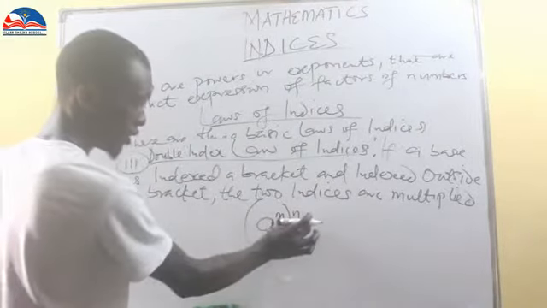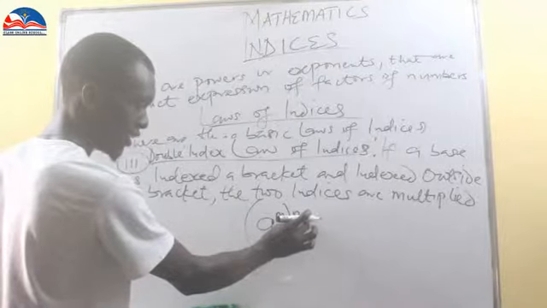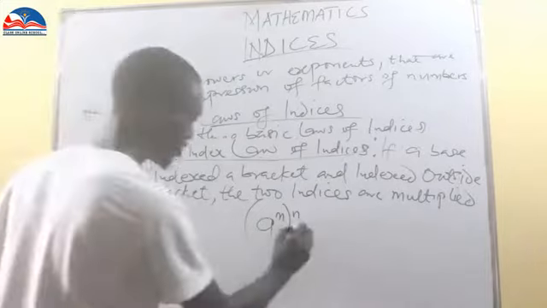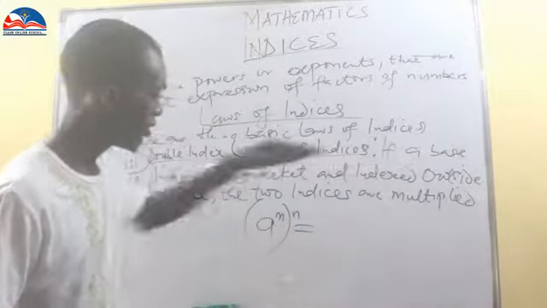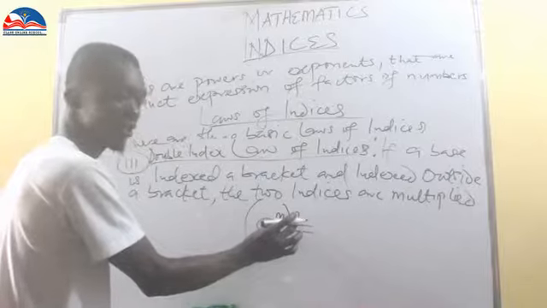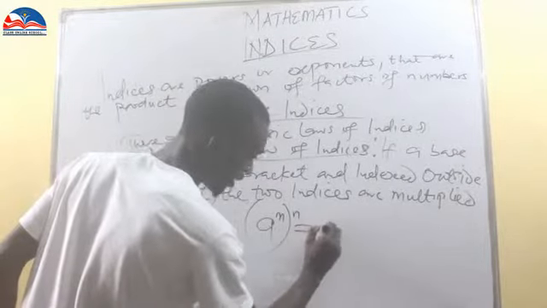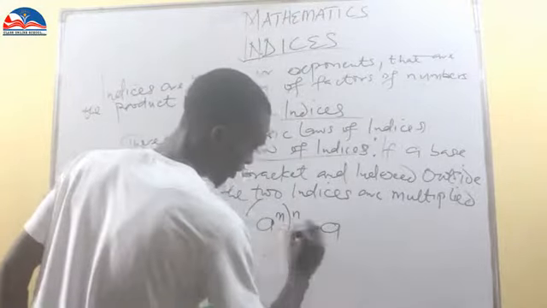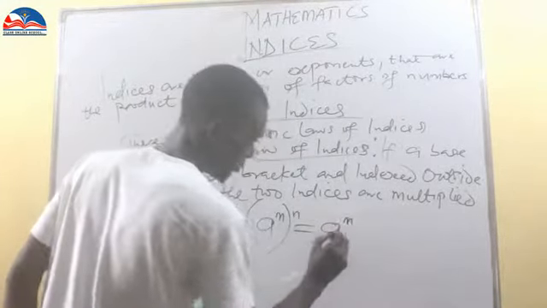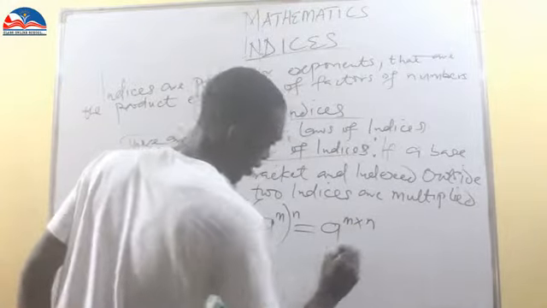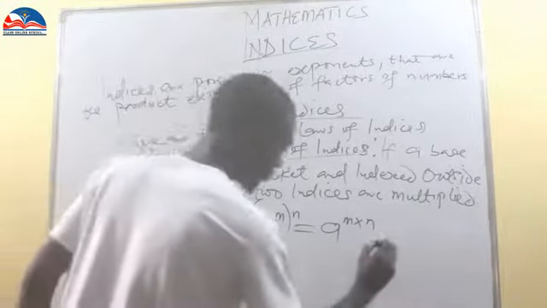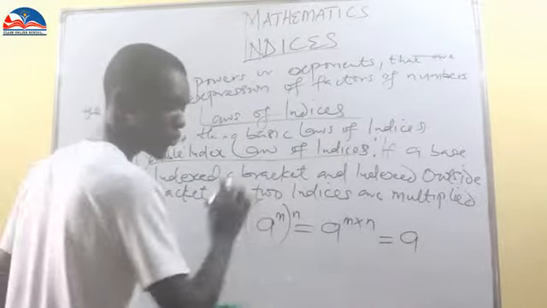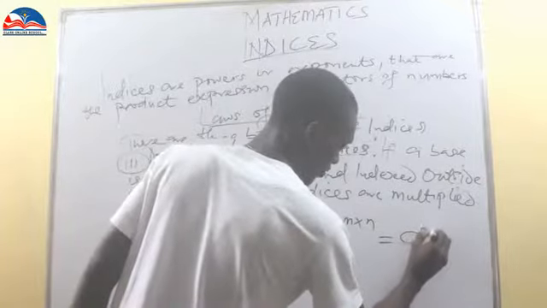This is the index outside the bracket and the index in the bracket. So the law says that we should multiply the indices. So A index m multiplied by n is equal to A index, m times n gives us mn.